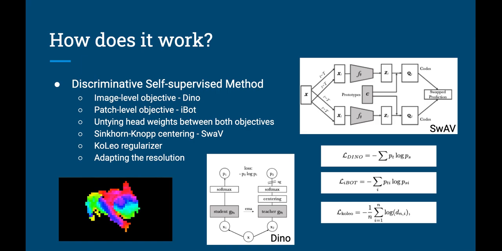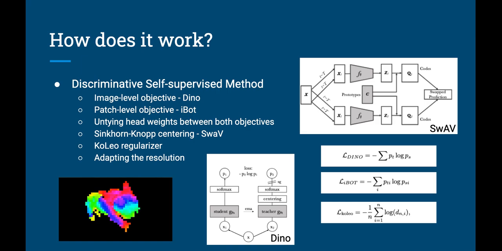The next one is iBOT, which is more about patch level objectives of the image, and SwAV, where we borrow the Sinkhorn-Knopp centering. And the KoLeo regularizer, we don't have to go over that. It's just like spreading things out, and I'm not sure really what it does.